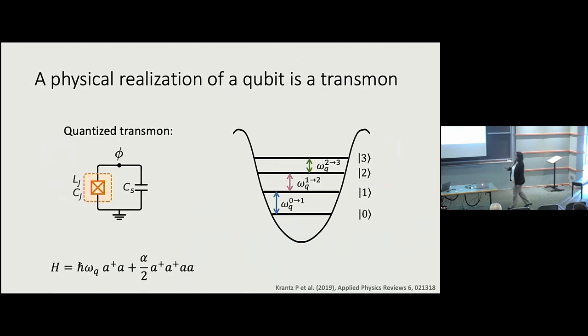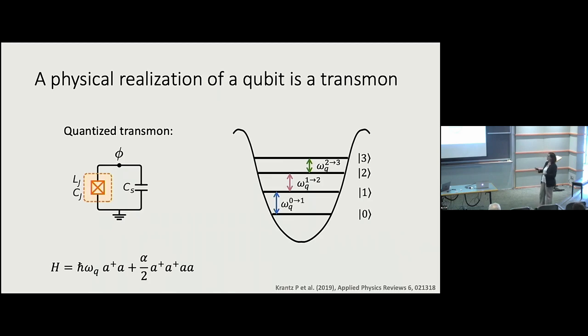So the physical realization of a qubit, there are many, but here I am presenting the one that I've been working with, which is the transmon. A transmon is basically a quantized circuit, which is, let's say, a cousin of the LC circuit.